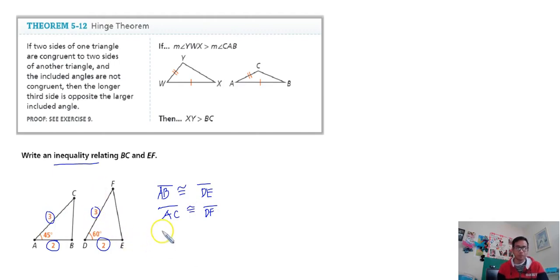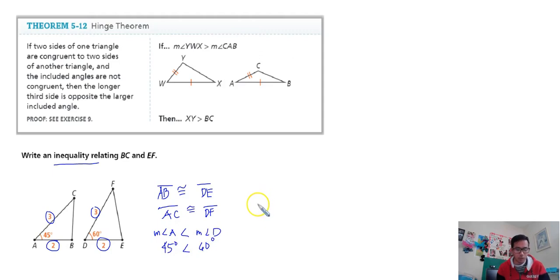Now you can see here that the measurement of angle A is less than the measurement of angle D, which by number is 45 degrees is less than 60 degrees.